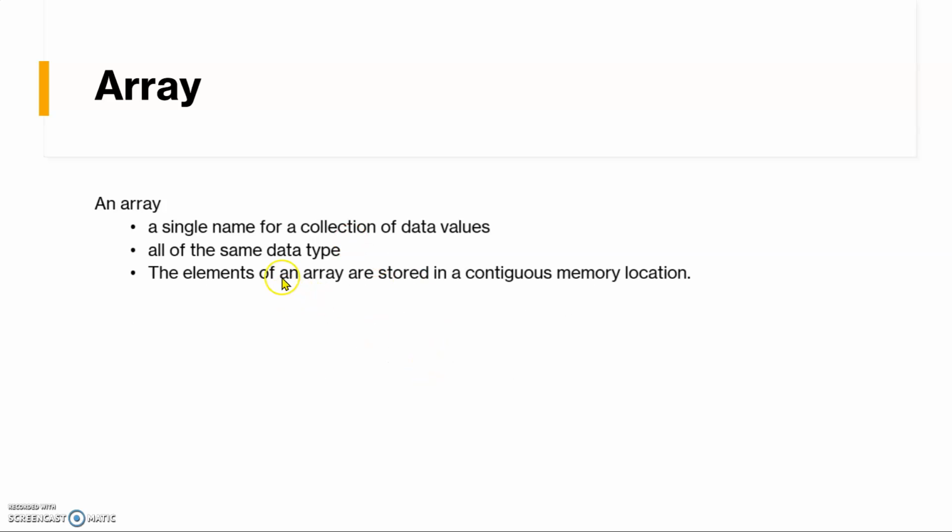And all the elements you are storing will be stored in continuous memory locations. It is not like they are stored wherever memory is free. It is not like that. If you are storing 10 values with the same name, all of integer data type, then all will be stored in continuous memory locations depending upon the memory size.